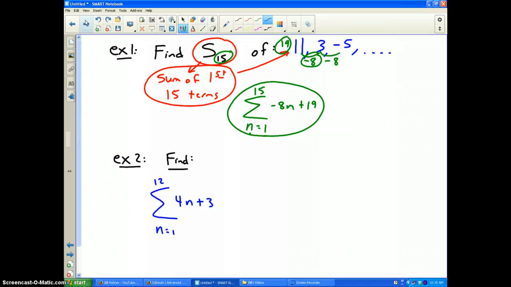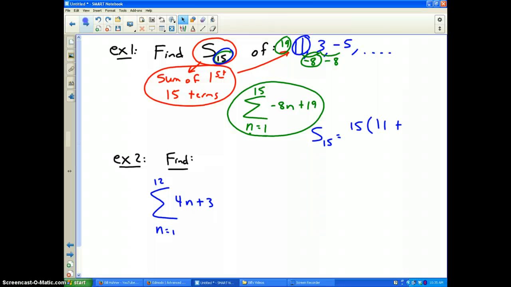So, the sum of the first 15 terms is going to be equal to n. Well, n is 15 times the first term in the pattern, which was 11, plus the 15th term in the pattern. Ooh, now we got to do a little bit of work.